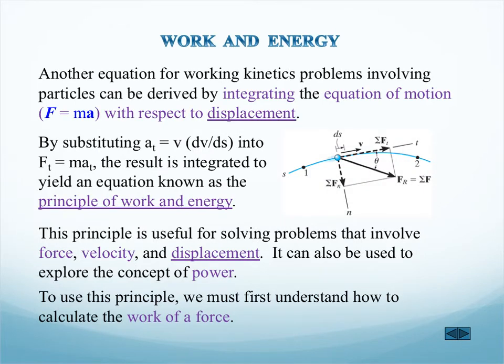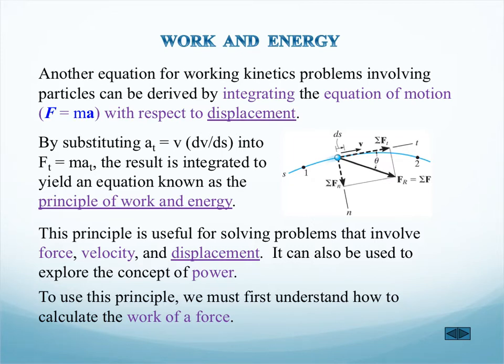So first of all, we're going to think about work and energy. This is really just summarizing some of the things that we're going to look at throughout this chapter. In the previous chapter we did F equals ma, and mostly we looked at expressions for acceleration. We might have integrated with respect to time.